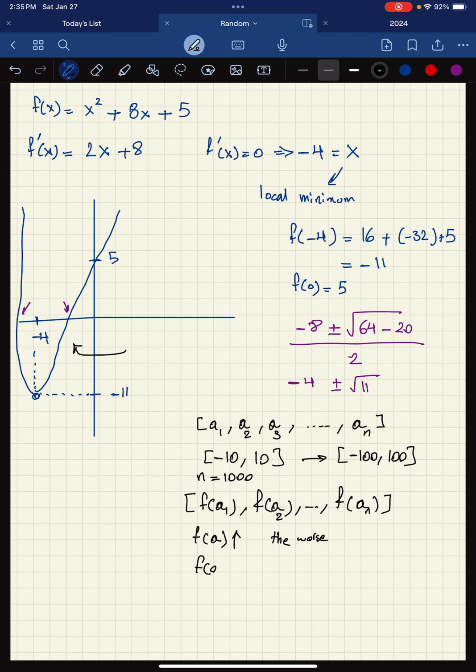And the lower f of a is, the better it actually is. So we can compare two different items in our sequence. Let's say if we want to compare a of i and a of j, then we can just see how f of a of i and f of a of j would do compared to each other. And this is the principle that we're going to use to find a better answer each time.